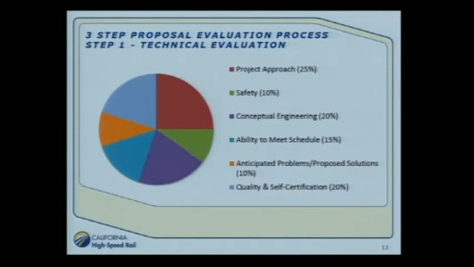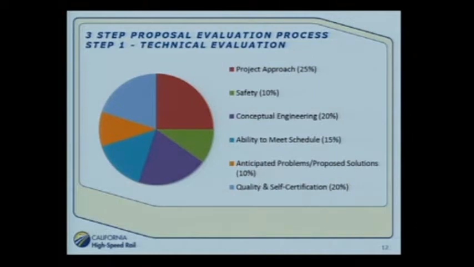When the technical evaluation in a design-build procurement is done, usually there are very broad categories like this. We're going to have this first approach, we're going to rate them, and we're going to take the top 3 out of the 5 to move on to the next part of the competition for selection.